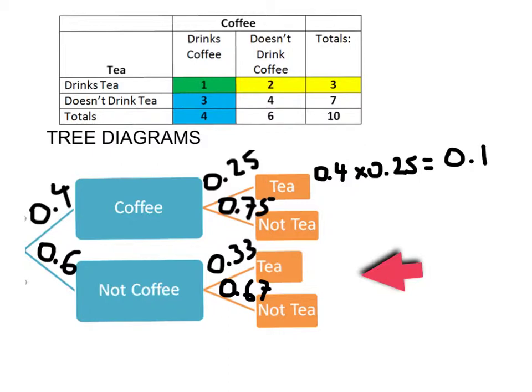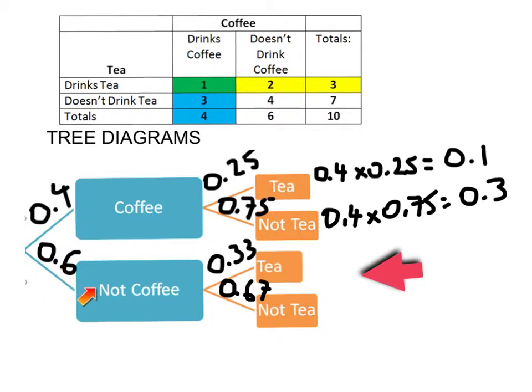For our second branch, which is coffee and not tea, again we multiply those 2 numbers. So we're multiplying 0.4 by 3/4, and that's 0.3, 3 out of 10 people.